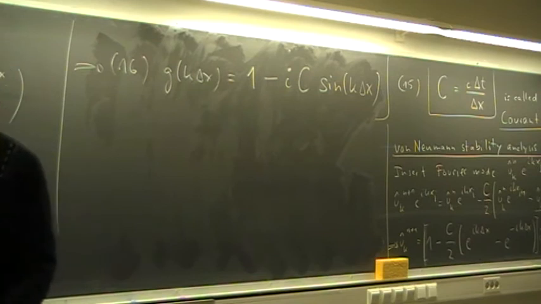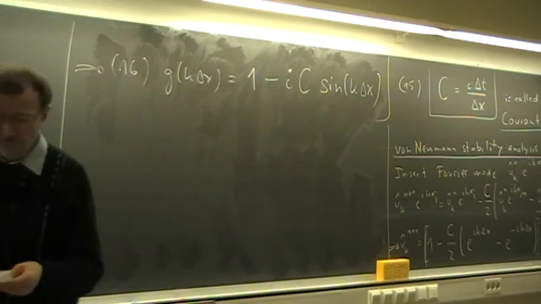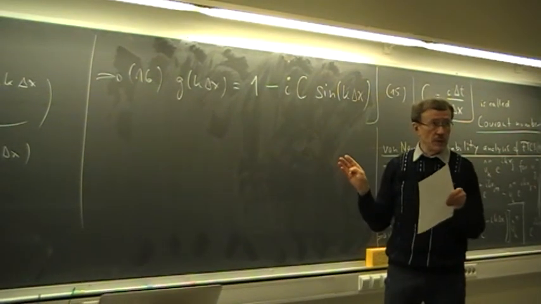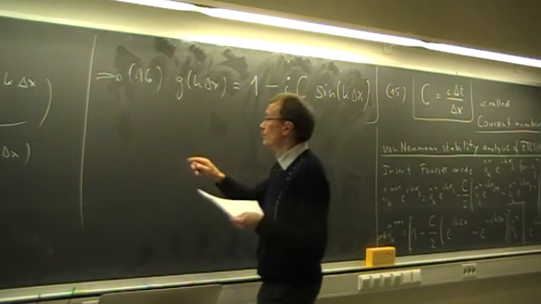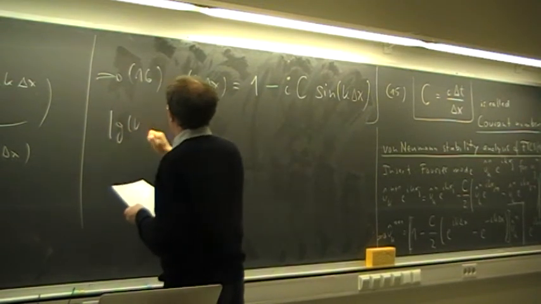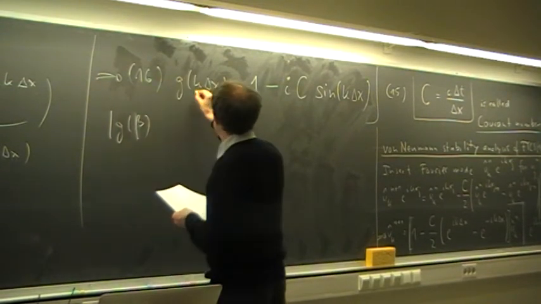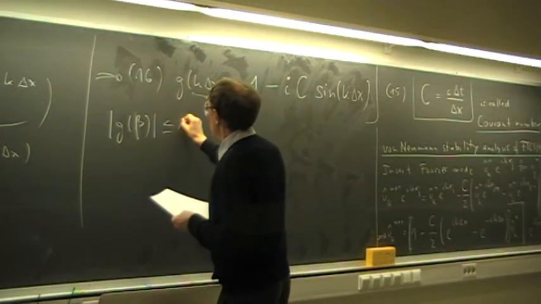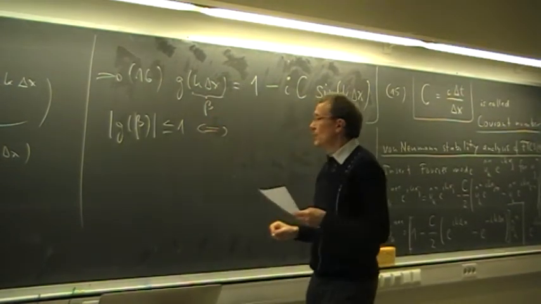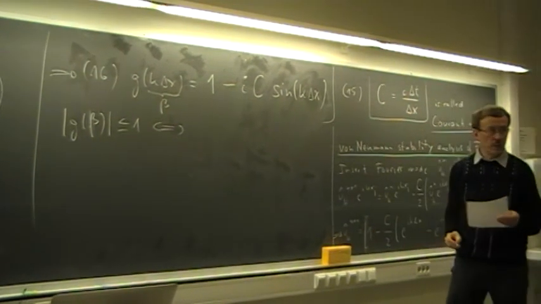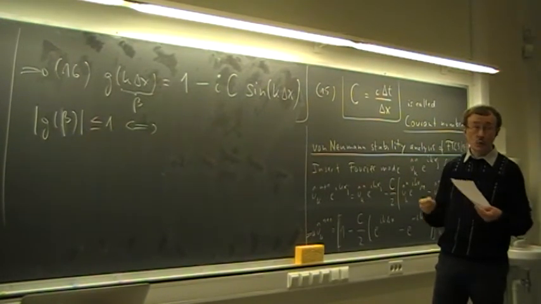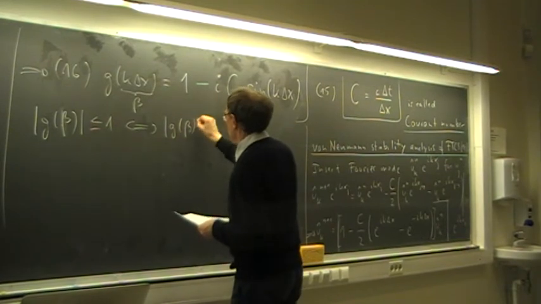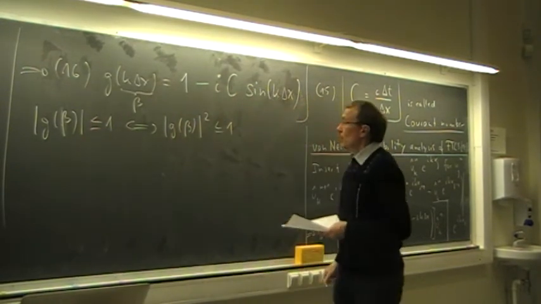And now we check the stability condition. The stability condition is that the absolute value of this must be smaller or equal than 1. And we now use the beta, call this now beta, that has to be smaller or equal than 1. As we argued when we introduced that, it is equivalent to saying that the absolute value squared is smaller or equal than 1. Why do we do that?